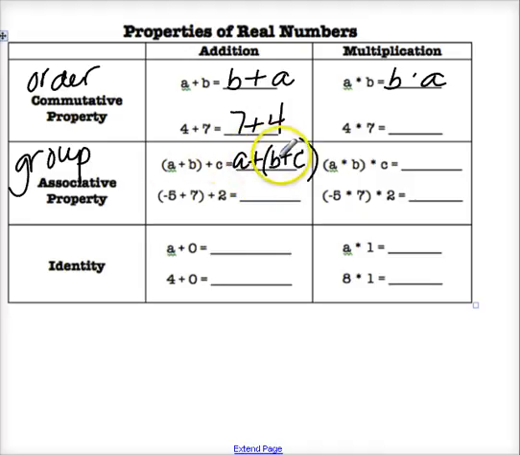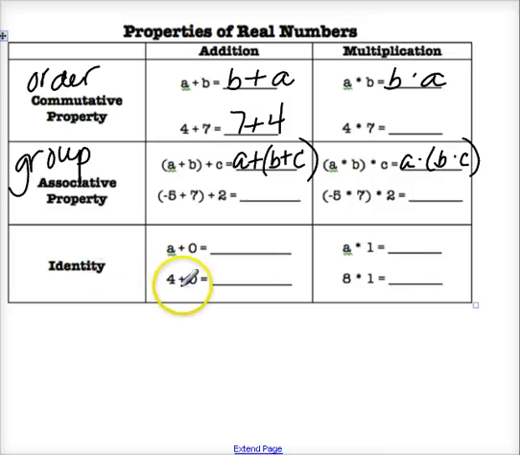So I changed which two numbers were in the grouping symbols, but because we're adding, we'll get the same answer. Same thing for multiplying. A times b in a grouping symbol times c is the same thing as a on the outside times b times c in the inside. That is the associative property. Grouping changes.